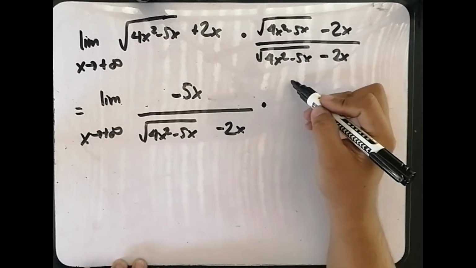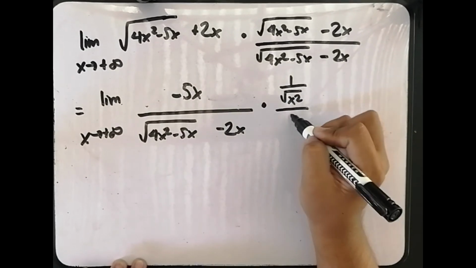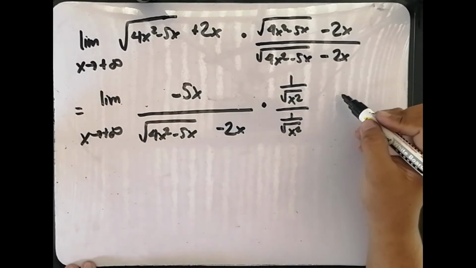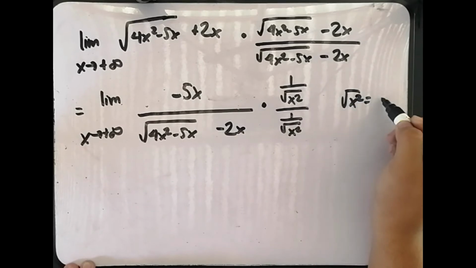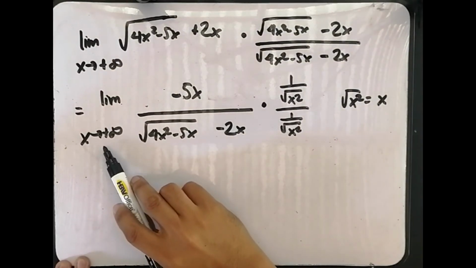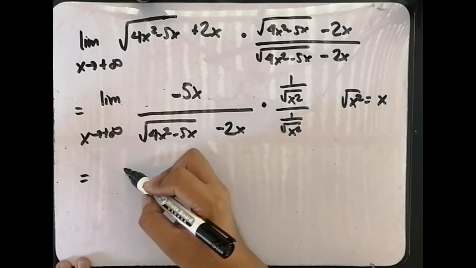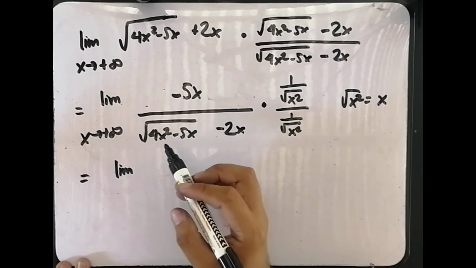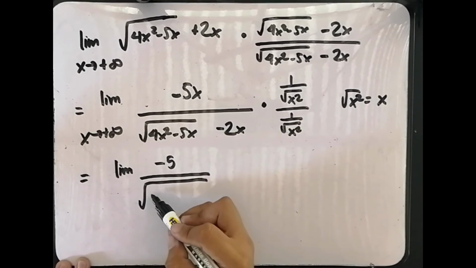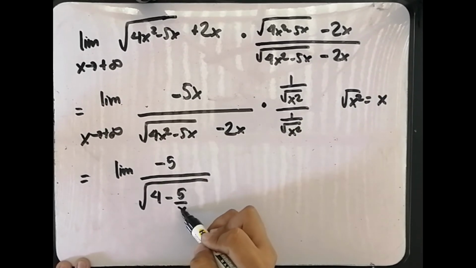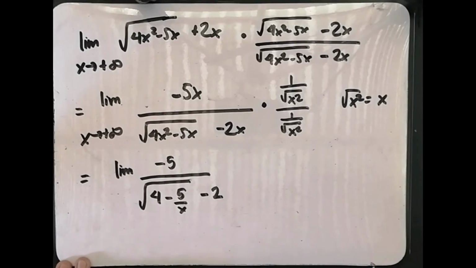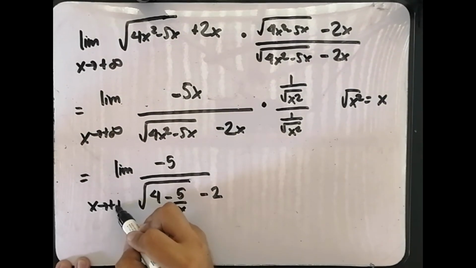Now we can multiply 1 over square root of x squared over 1 over square root of x squared. Note that square root of x squared is equal to x, because x approaches positive infinity. So we now have the limit of negative 5 over square root of 4 minus 5 over x, minus 2, as x approaches positive infinity.